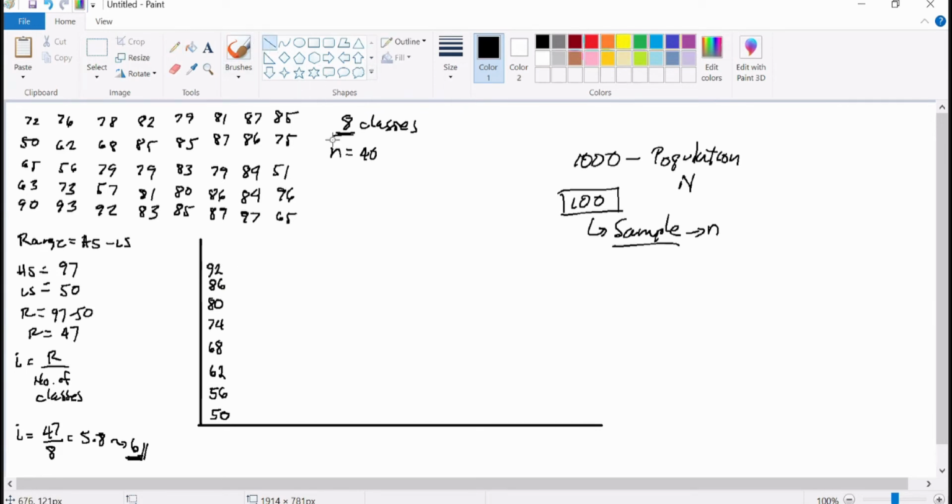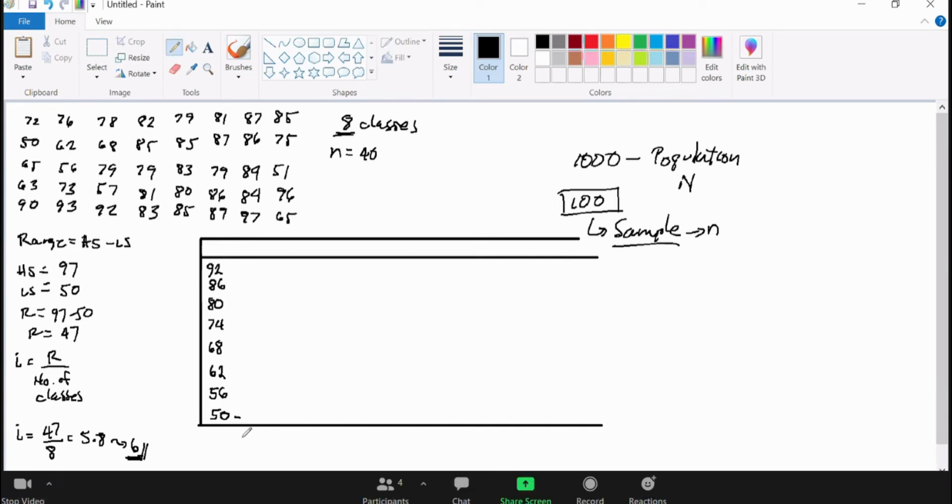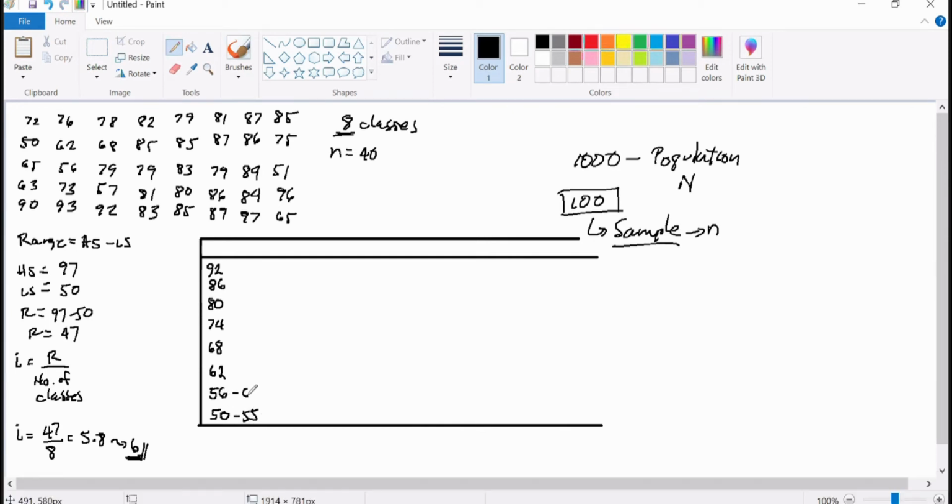Clear? So this is now going to be your first column of your table. However, this is an interval, there's a range. So this one, 50 until 55. And then this one is 56 until 61. You can do this by just subtracting 1 from the next class start.